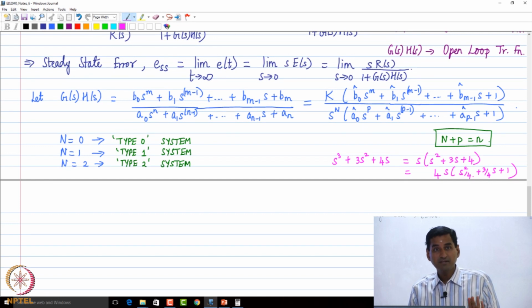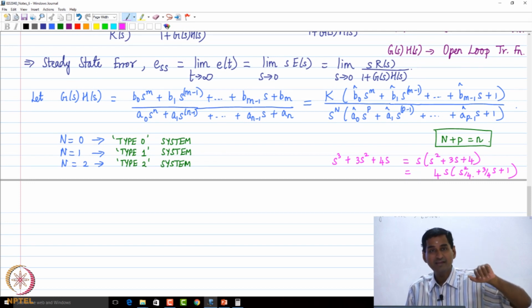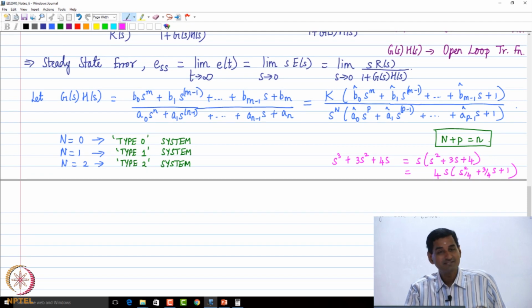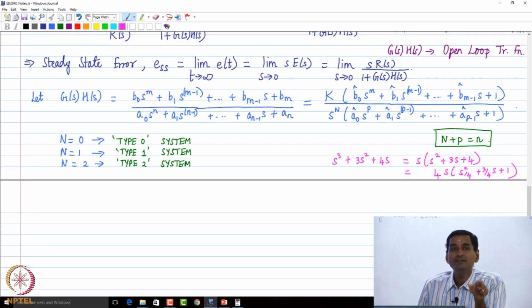For type 1 and higher, my original AN should have been 0, as you can see from here. I am only writing a pth order polynomial here. The only thing is that I am making the constant term of the pth order polynomial as 1.